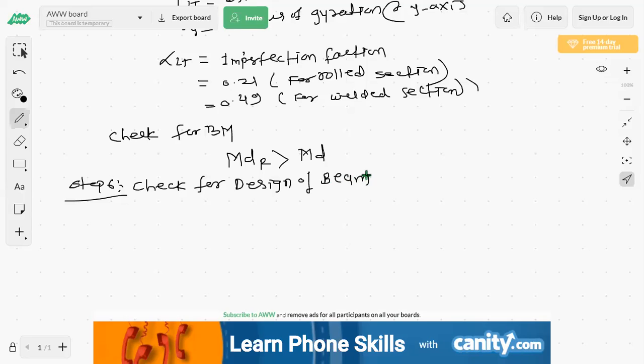Okay, so now the first check, that is small a: check for web buckling first.